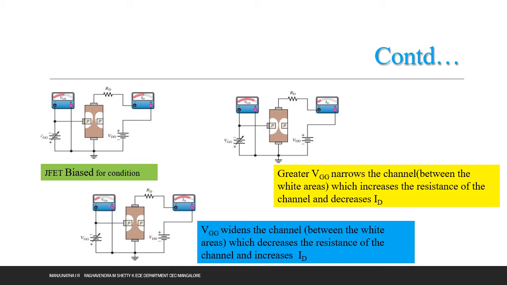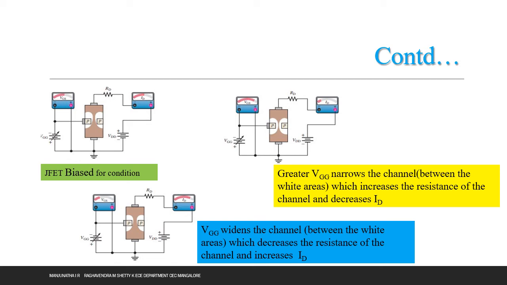Now, if I decrease the voltage VGG, that is VGS, the effect of reverse biased condition will also decrease. When reverse bias is decreased, the width of the depletion region is also decreased. When width of the depletion region is decreased, channel width is more.